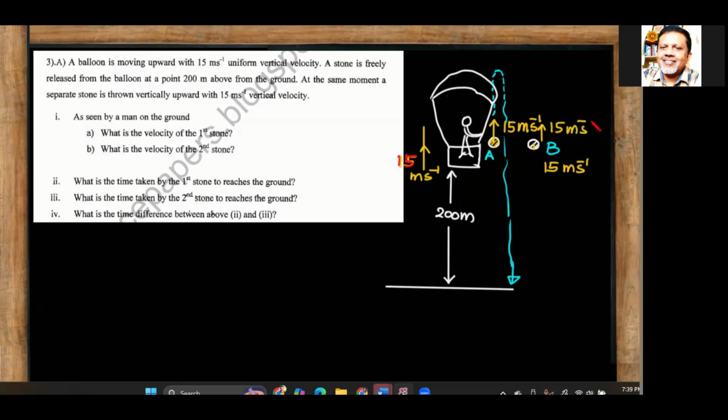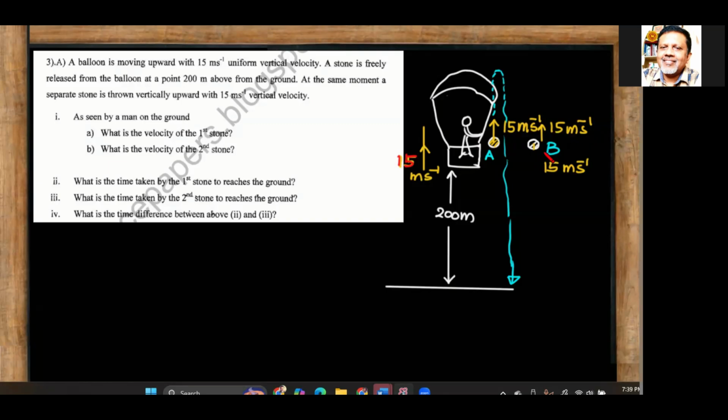At the same time, this balloon is also moving with the 15 meter per second at the time it threw out this second ball.